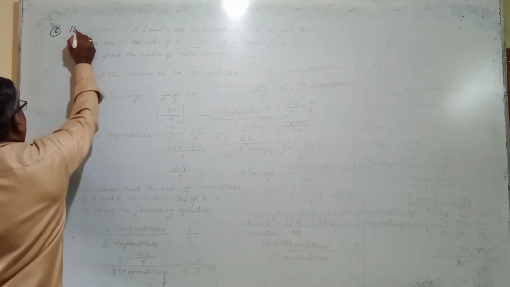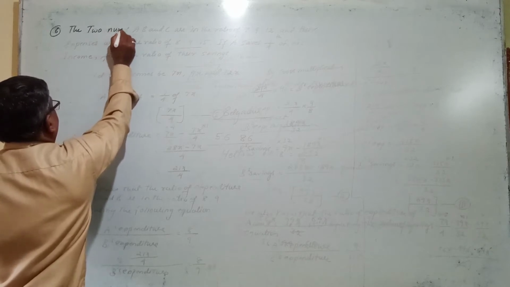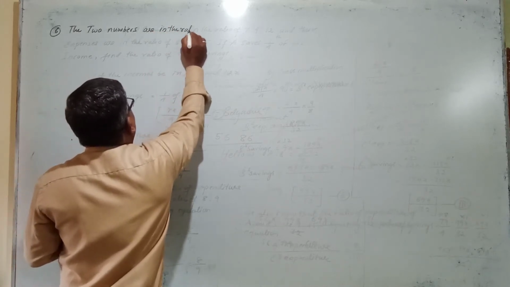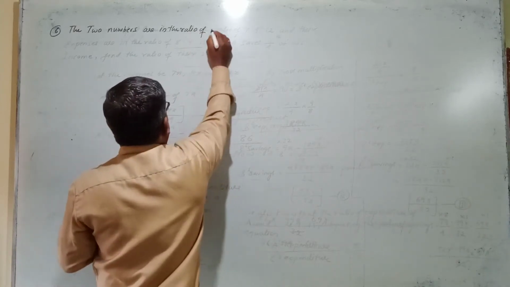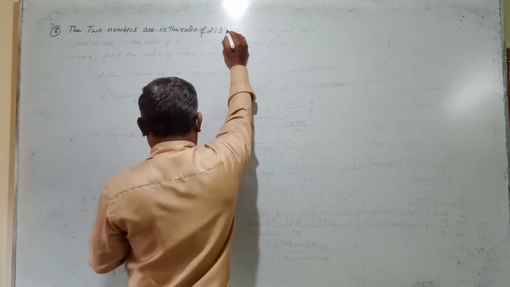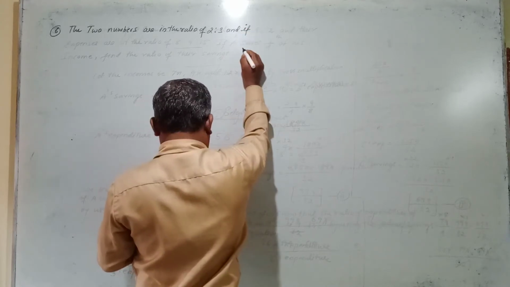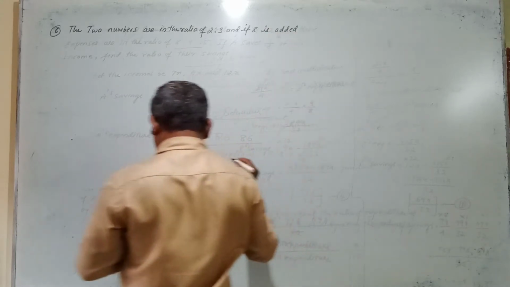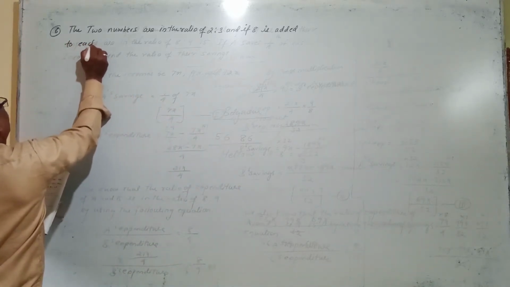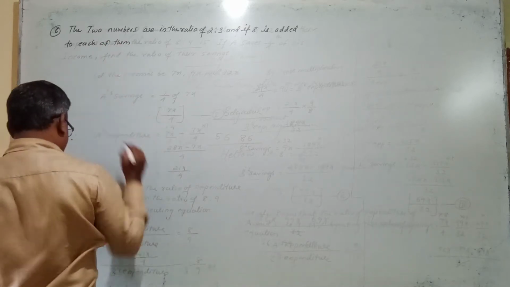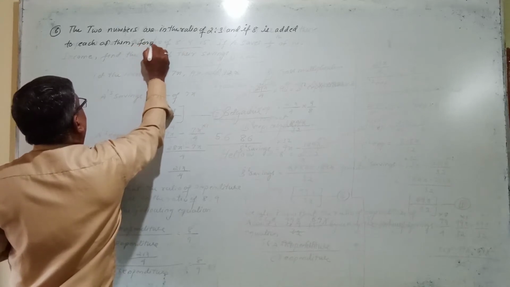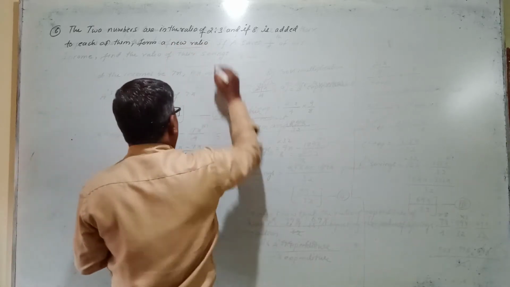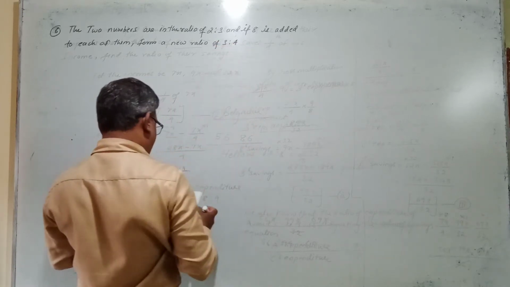The question is: the two numbers are in the ratio of 2:3, and if 8 is added to each of them, they form a new ratio of 3:4.